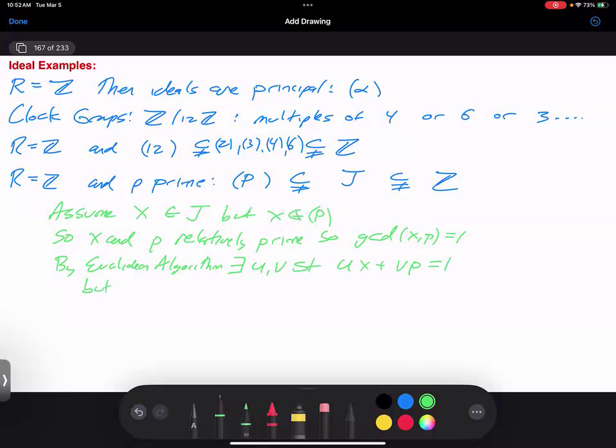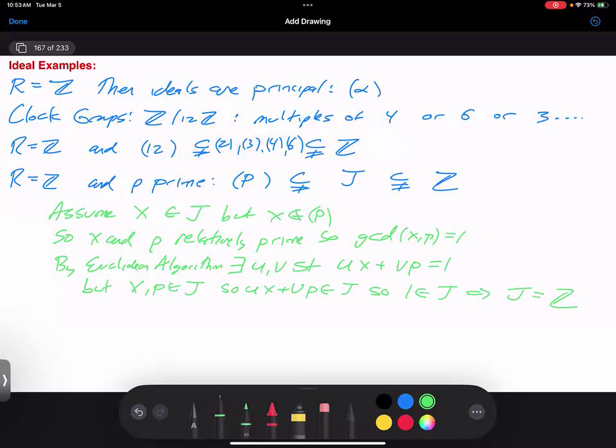But X and P are in J, so UX plus VP is in J, so 1 is in J. Therefore what does J have to equal if 1 is in J? It has to equal Z. Because remember, if you're an ideal, if you take any element in the ideal, you can multiply by anything in the ring, and you must still be in the ideal.